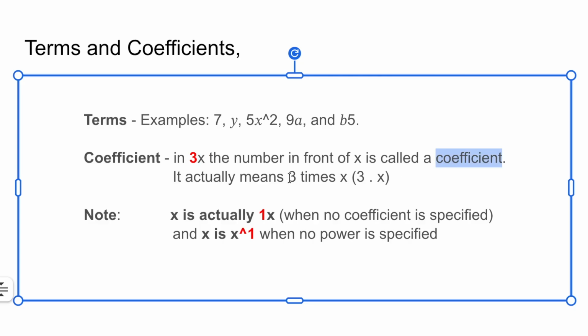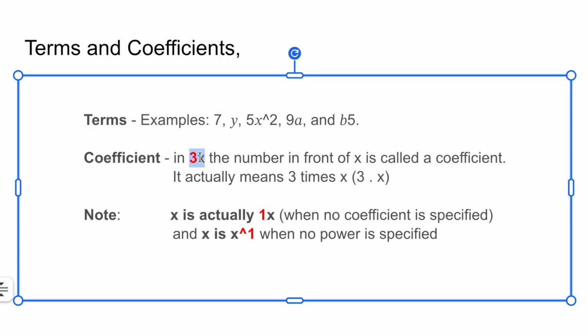It actually means 3 times x. That is a different story. Here I am only trying to bring out the fact that this number is called a coefficient. There is no specific reason, it has just been named like that. So you have to know that there is something called a coefficient, and that is the number that comes before a variable. We will deal with this a lot as we go by.